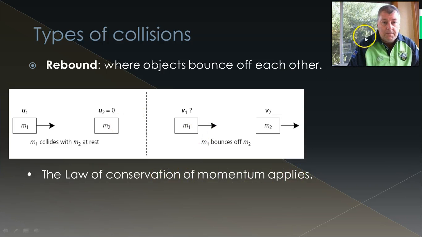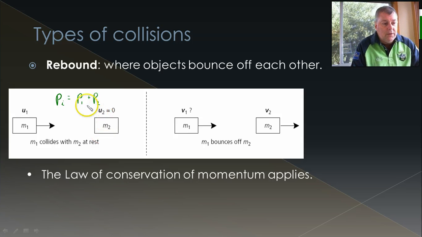Over here, let's pick a nice color, green. The initial momentum is the momentum of 1 plus the momentum of 2.